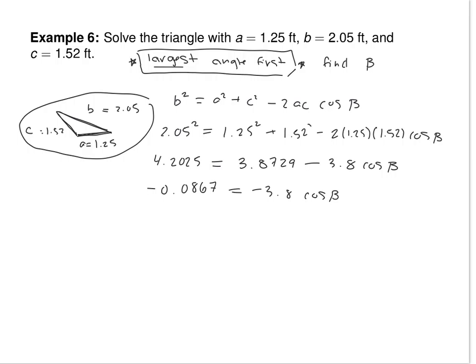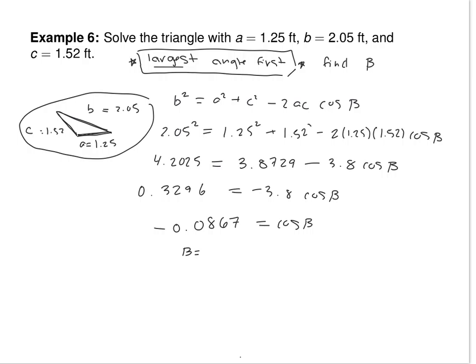If you subtract, you get negative 0.3296. Then you divide, and you get negative 0.0867 equals cosine beta. I got 0.0643. Did I copy my calculation down incorrectly? I'm so sorry, guys. I just don't have my brain on today.